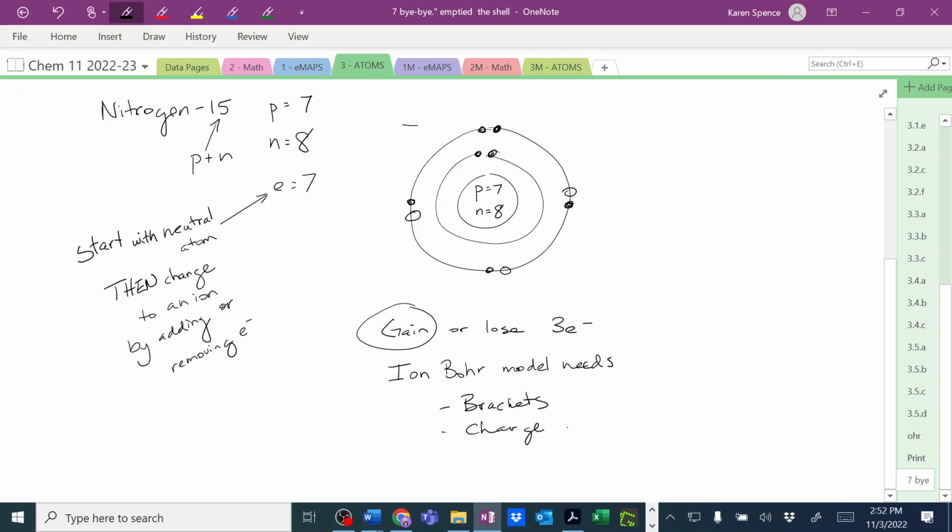So we're going to do big square brackets. If we gained 3 electrons, what's the charge? 3 negative.